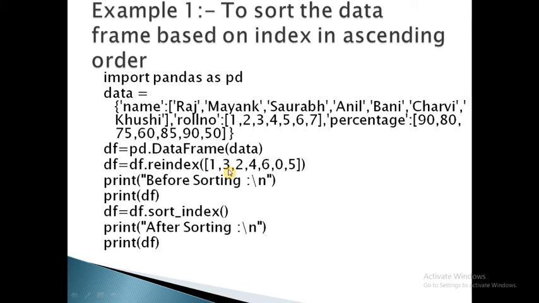Why are we using reindex? Because by default it is 0 1 2 3 4 5 6. Row index always starts from 0 to n minus 1. So we are reindexing it so that we can see whether it will display in ascending order or not. So before sorting we will have this type of index, and then after sorting, let's see in Jupyter.